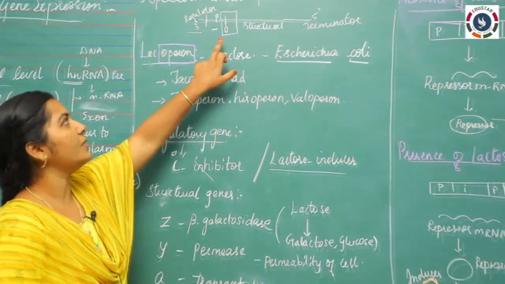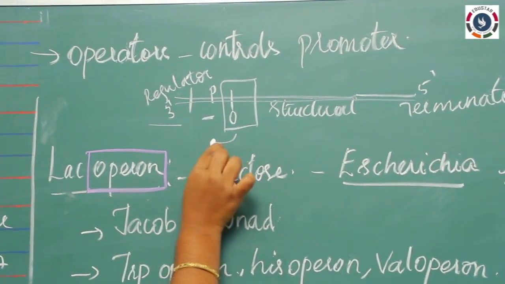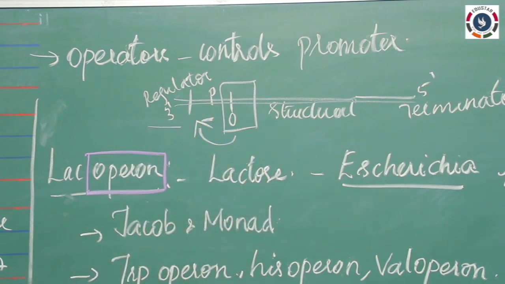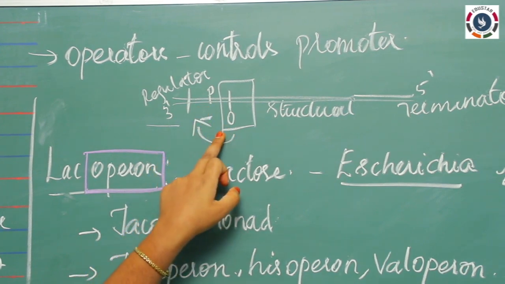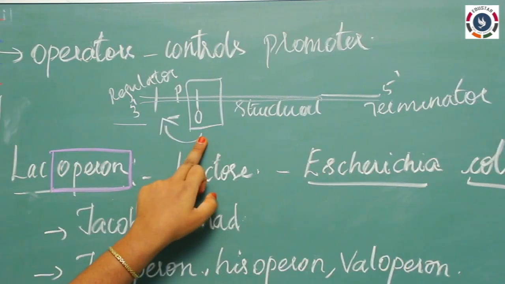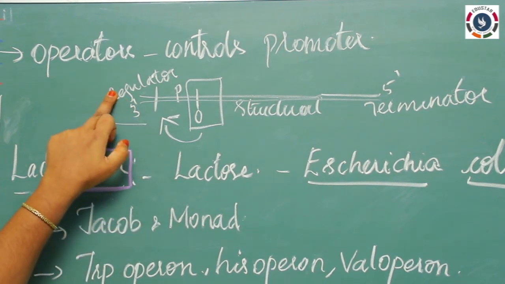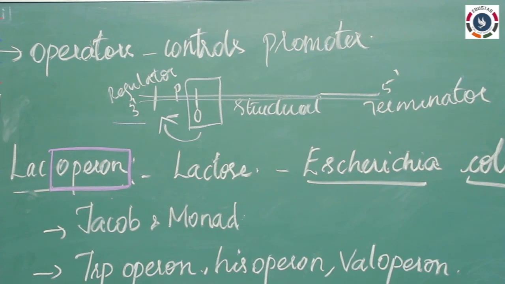This operator will regulate the promoter region. So there are three: the regulatory gene, the promoter region, and the operator region. The function of the operator region is to control the promoter site. This regulatory gene will code for an inhibitor, and our lactose is acting as an inducer.